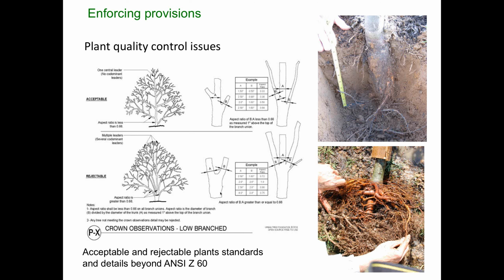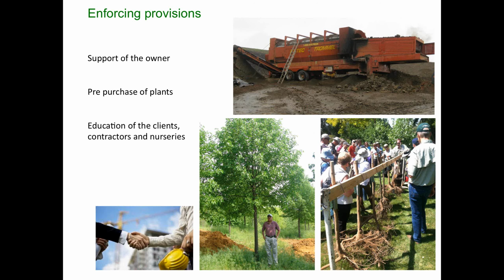Not everybody knows what a codominant branch is. The detail shows you what that is. So there's I guess no excuse, because we put it everywhere on what is expected on a given project.